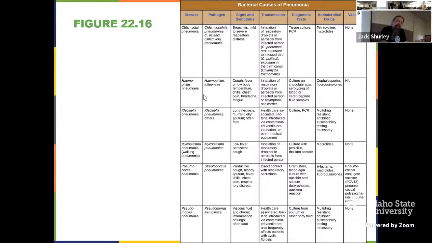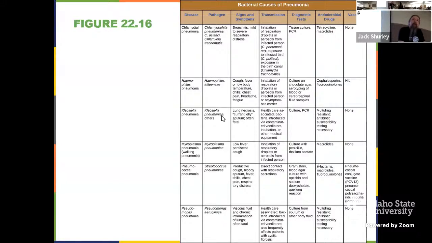We showed Haemophilus and the capsule layers that you can kind of see on that. So coughs and fever, low body temperature, fever or low body temperature, one way or the other. Maybe you get some of both, fever and then chills. Klebsiella pneumoniae is another one. I kind of wish I had a picture of him up there.